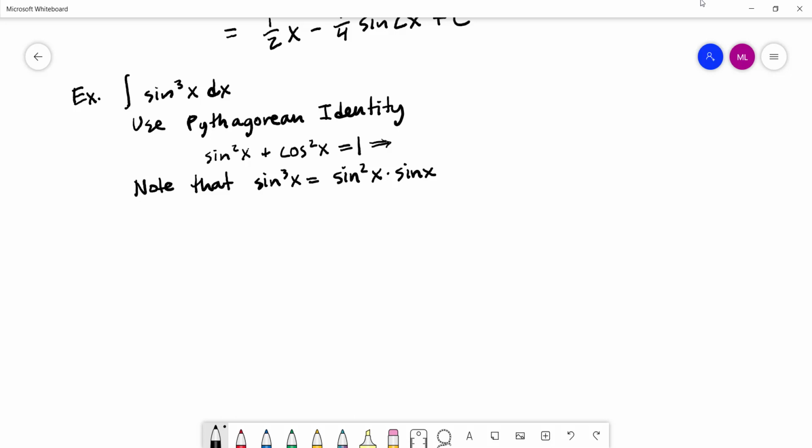So I'm going to use the Pythagorean identity to solve for sine squared and see that sine squared of x is equal to, if I isolate this piece of the equation, I can do that by just subtracting cosine squared from both sides, and I'll get 1 minus cosine squared of x. So I can get this whole thing to be rewritten as 1 minus the cosine squared of x times the sine of x.